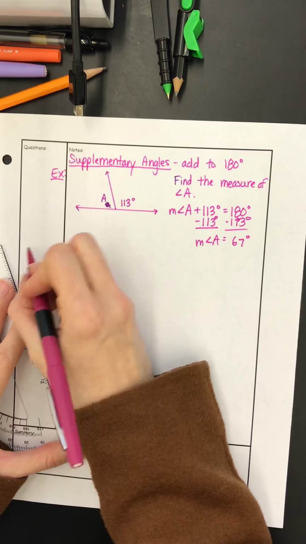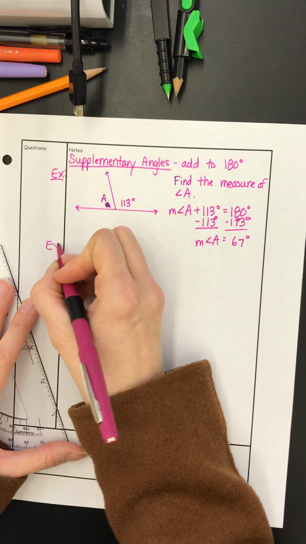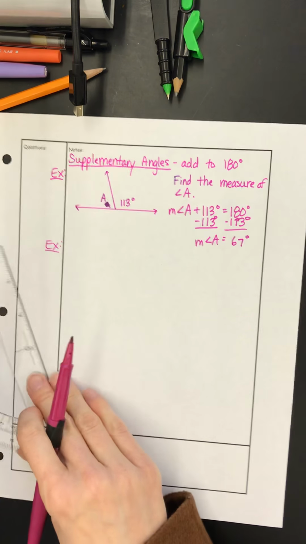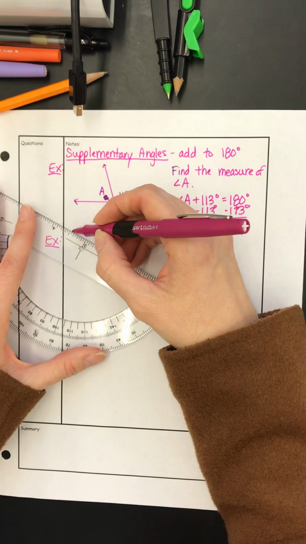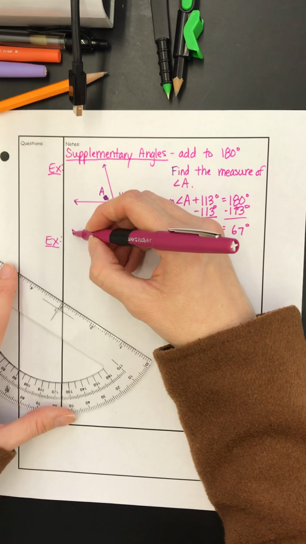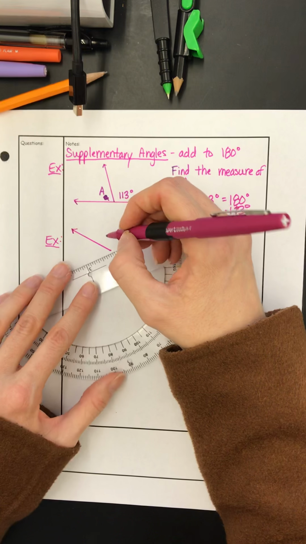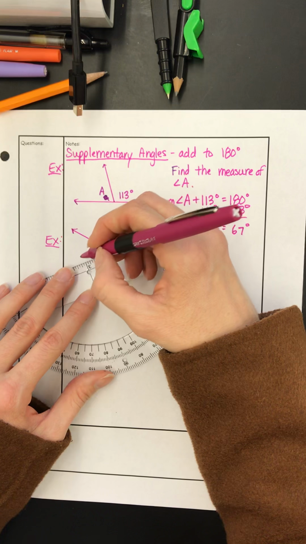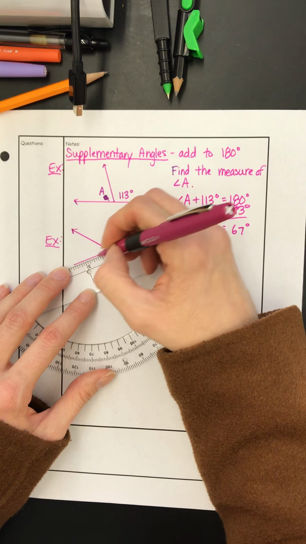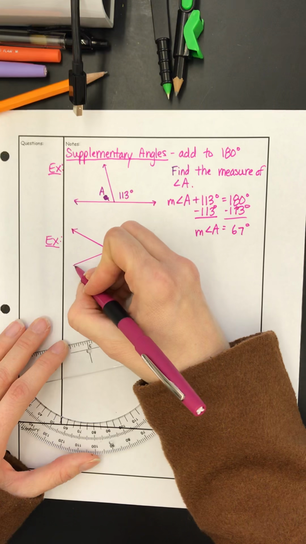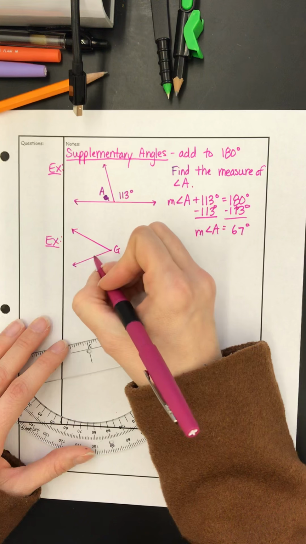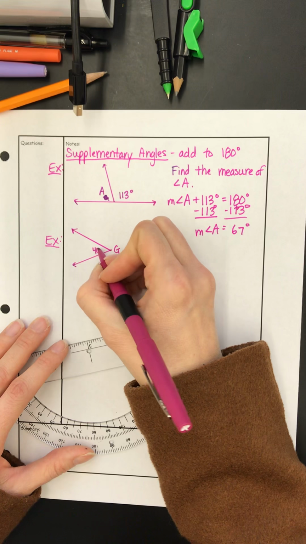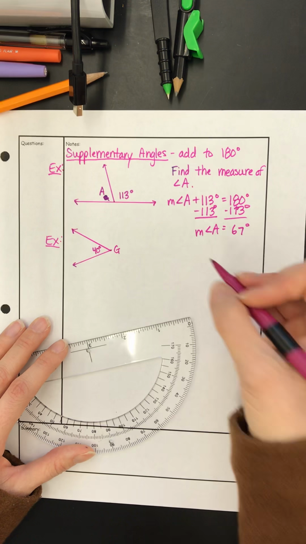Let's take a look at a problem where we're going to find the supplement without being given the supplement in the picture. So I'm going to create an angle here. We have G, and we're going to say that angle G is 40 degrees.